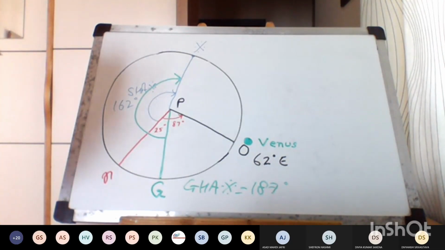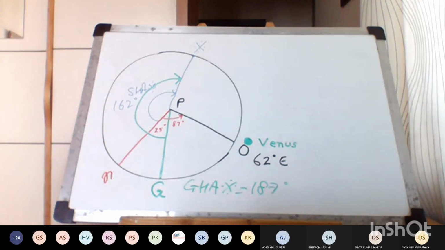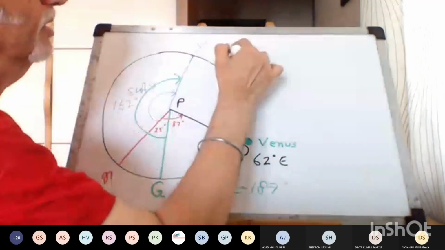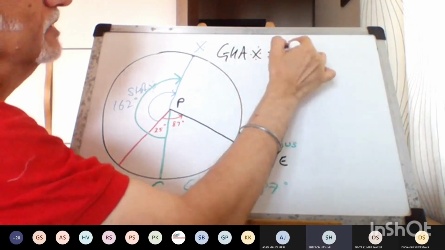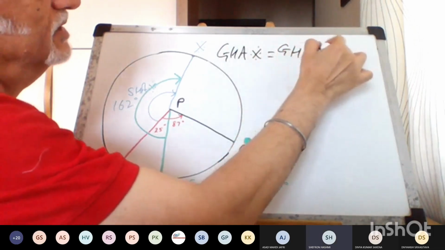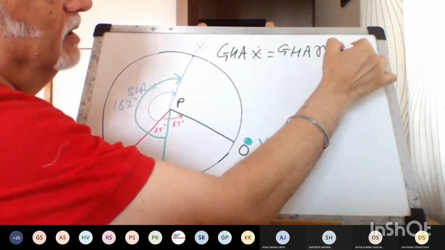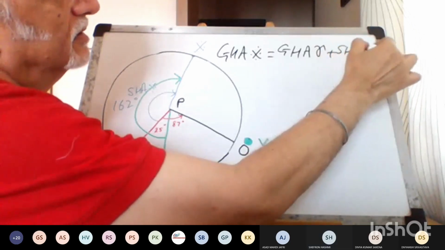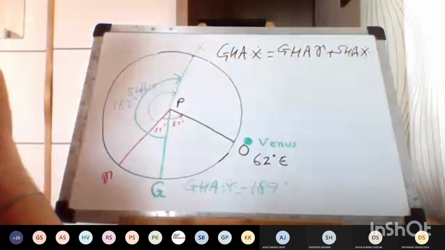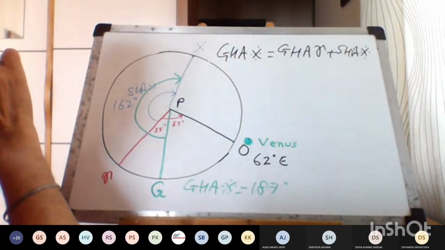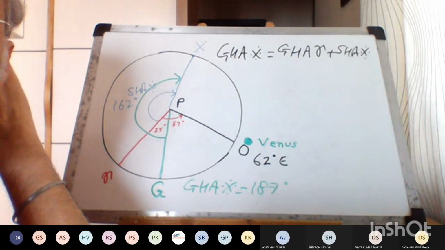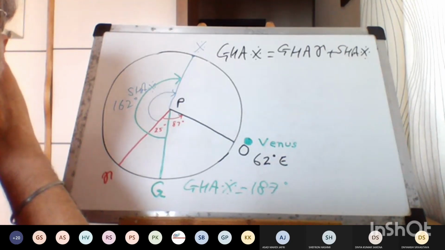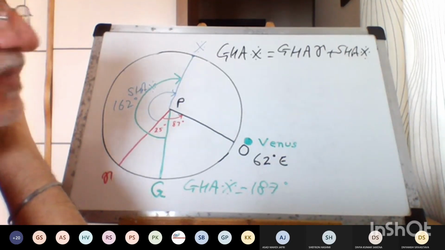So if you want, we can do this by formula also. What is the formula of GHA star, if you remember? GHA Aries plus SHA star. Very good. So what all information do we have in the question? Maybe we'll have to do 1 or 2 more calculations to figure out.